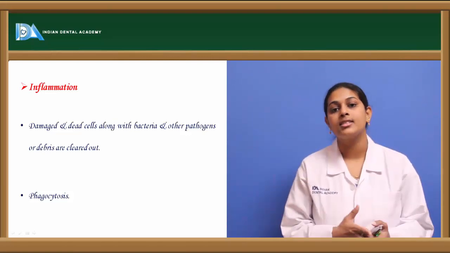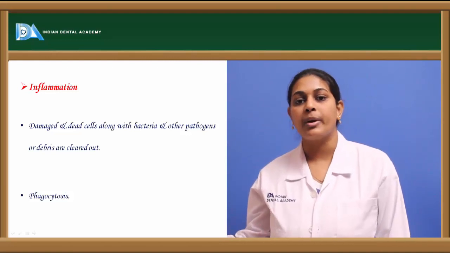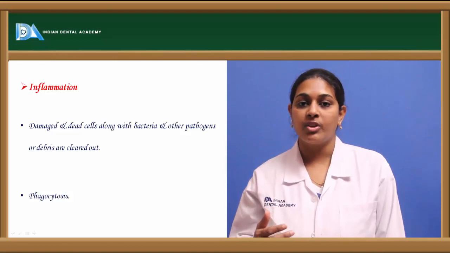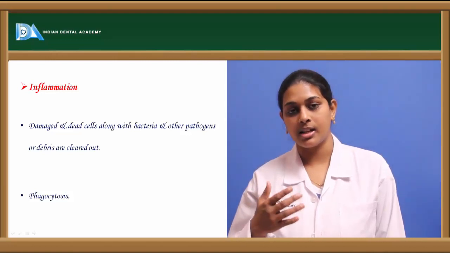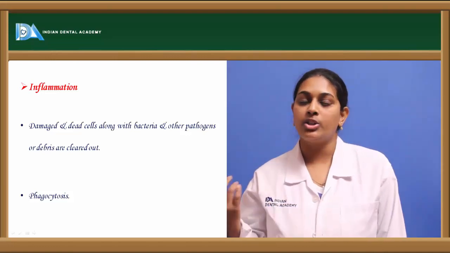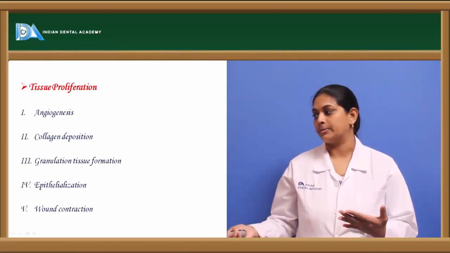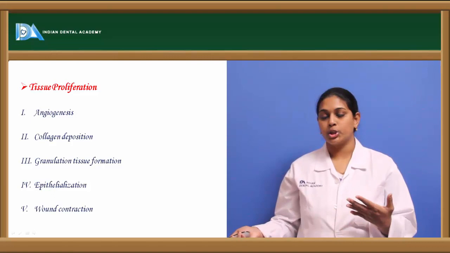That is, they contract in size. This contractile function brings about contraction of the wound, decreasing its size, which results in a smaller wound that progresses into the other phases of wound healing. This is what happens in tissue proliferation.